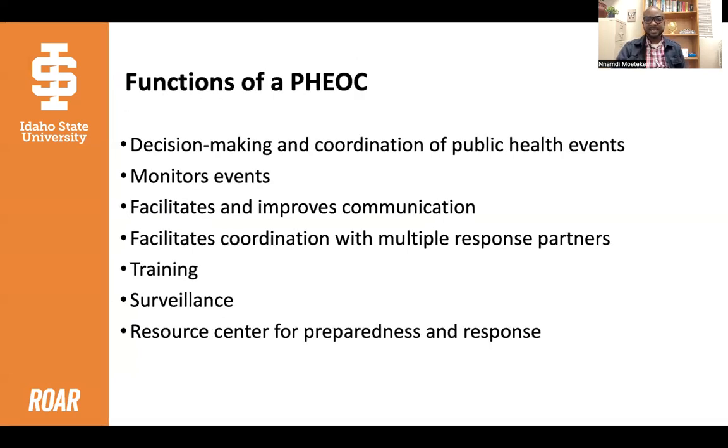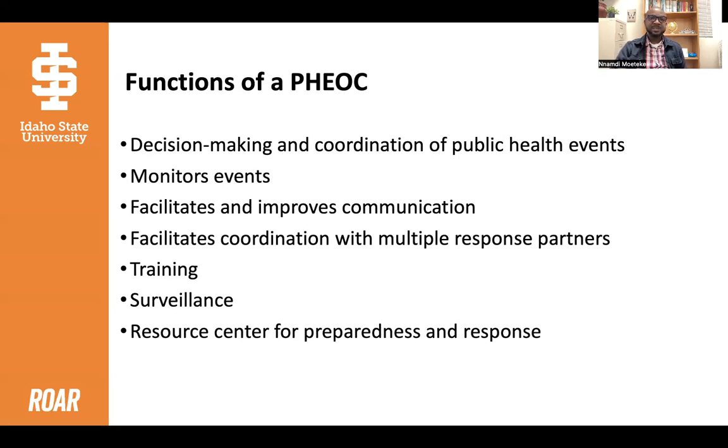And the functions of a Public Health Emergency Operations Center include, among others, that it acts as a center for decision-making and coordination of public health events and emergencies. It monitors the events using various sources of data.